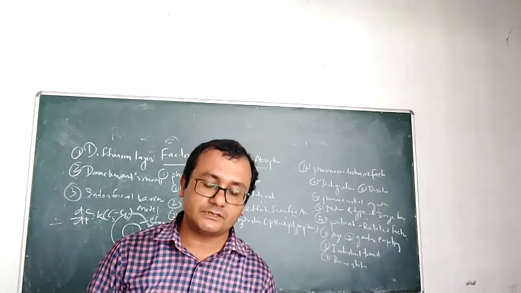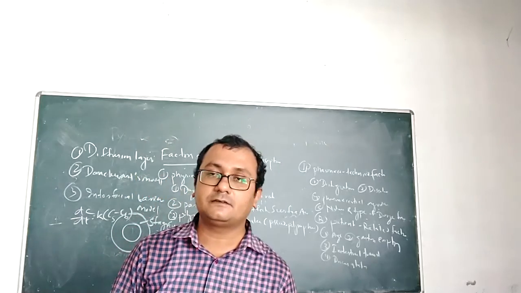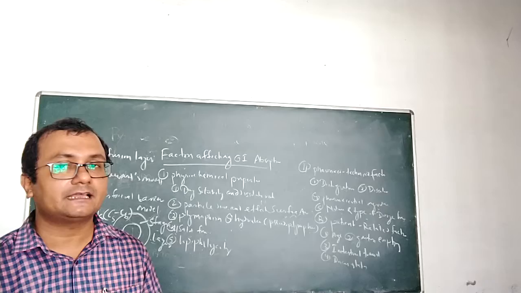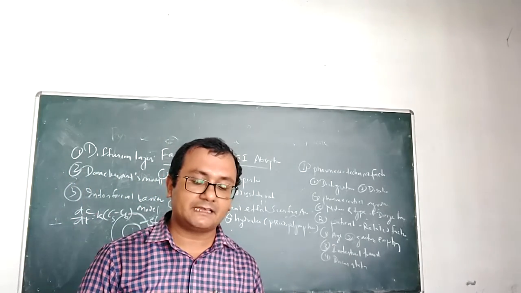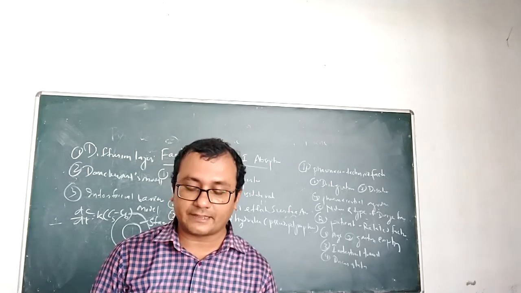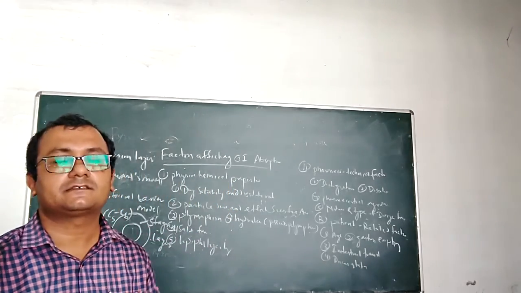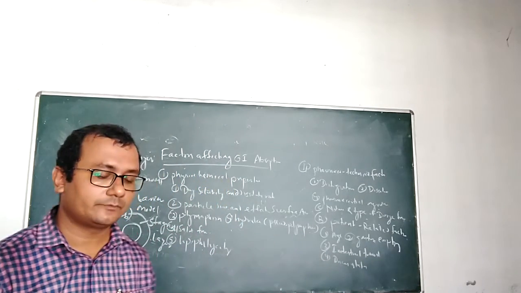If the pKa value is within the range of 2.5 to 7.5, then it is greatly affected by the pH, so the absorption is known as pH dependent. If the pKa value is less than 2.5, then it is completely ionized at all pH, which means its absorption is very slow.